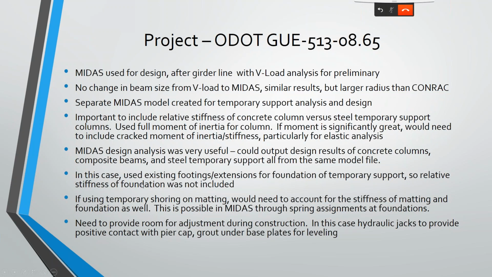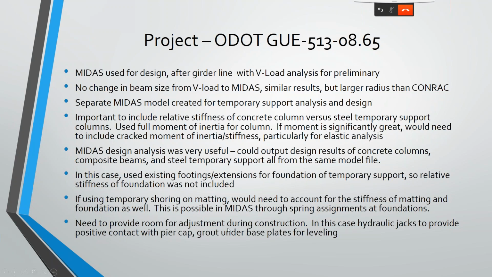Again, we attached, so it was not an issue here. It is possible to do that in Midas using spring assignments at the foundations. You could put springs under some plates for either the timber matting or for a spread footing that you poured, and model that in there.